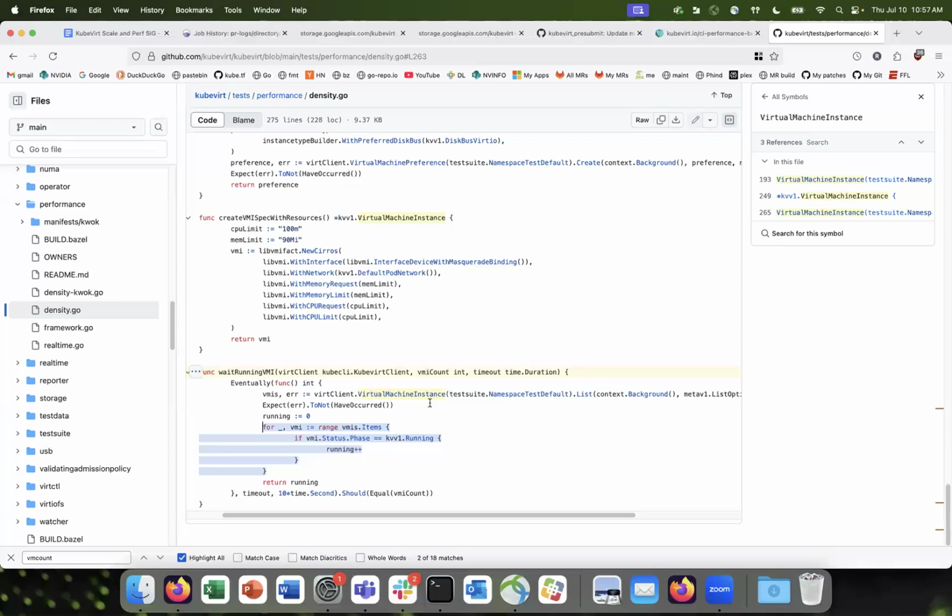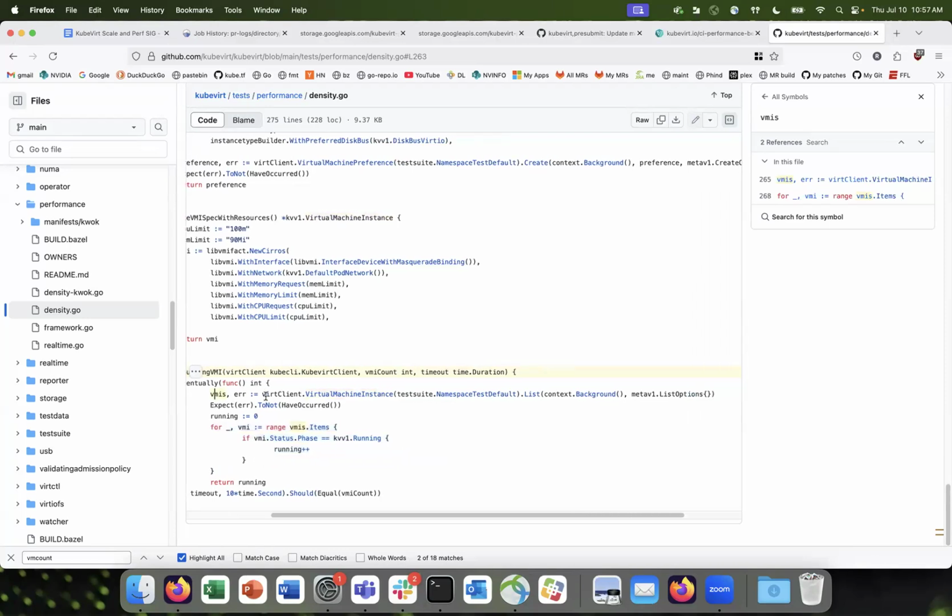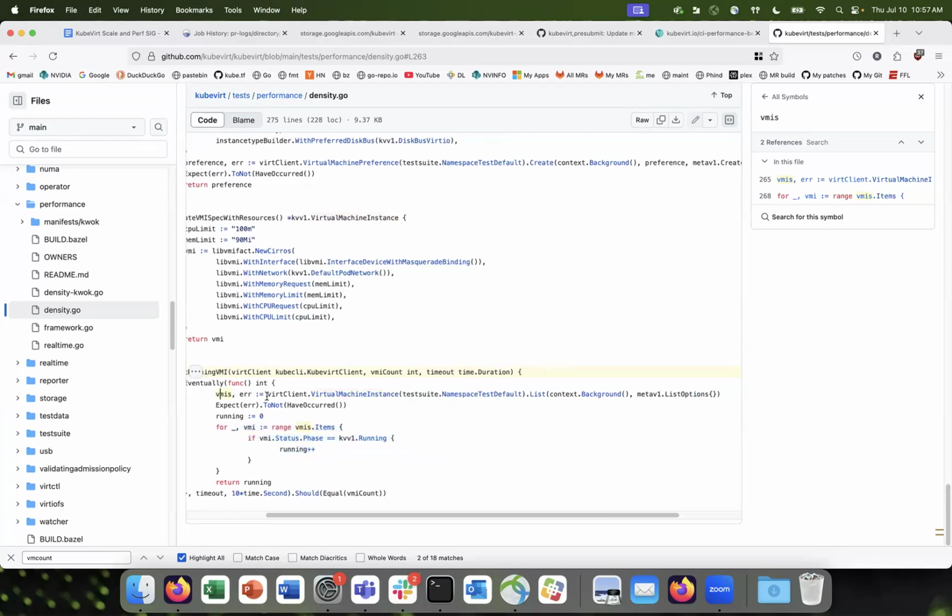Because the VMIs, once they're running, they're not going to fail. It's the new ones that'll fail. It's almost as if, somehow, it's seeing VMIs in this list that are, I don't know. I'm not actually sure what it would be looking at.